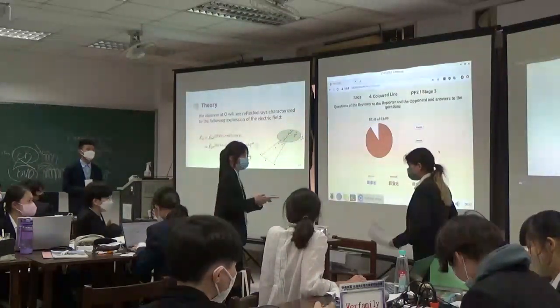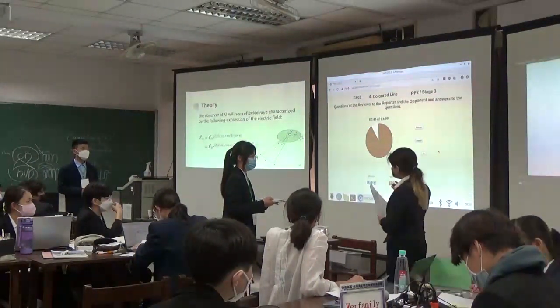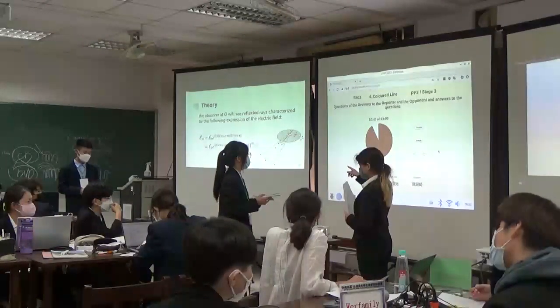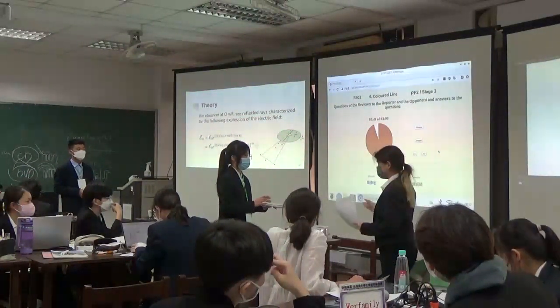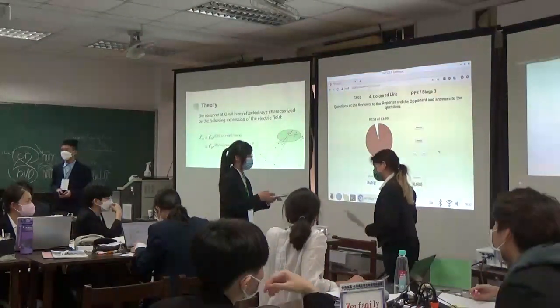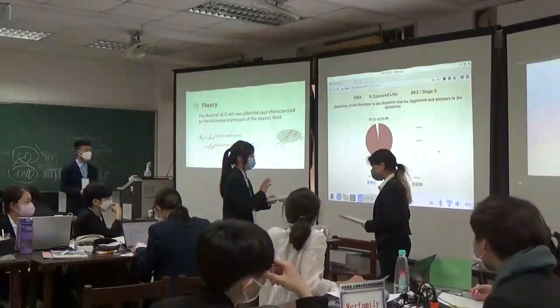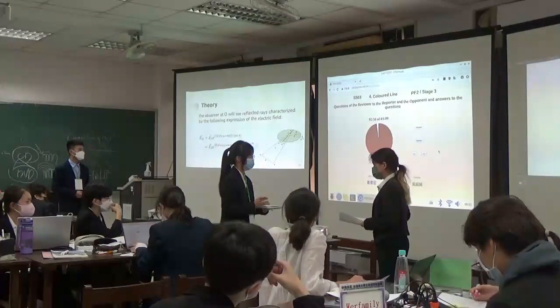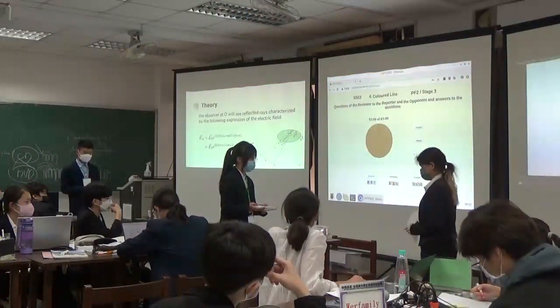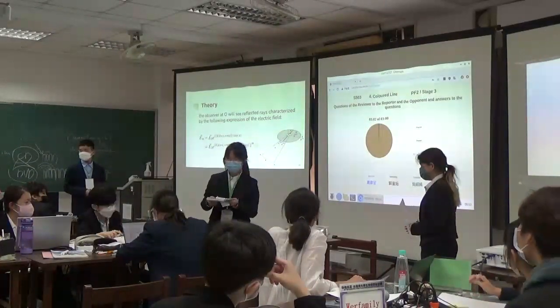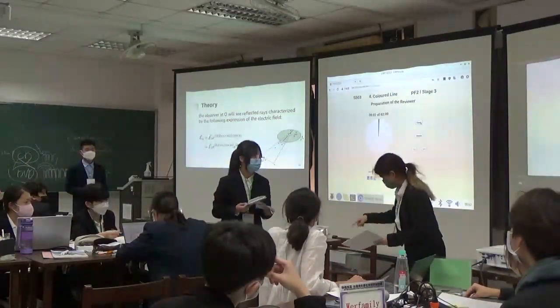How do you think? If you stand at a different angle, you will see a different line, not a straight line. Well, yes or no? I say no. Okay, thank you.